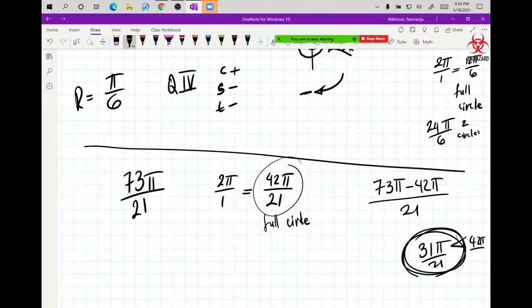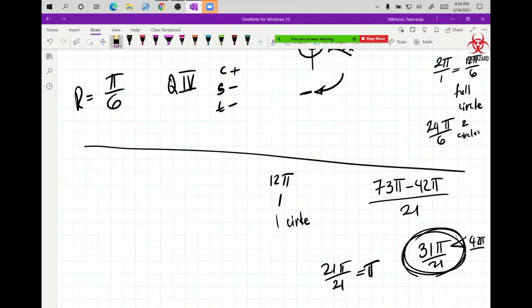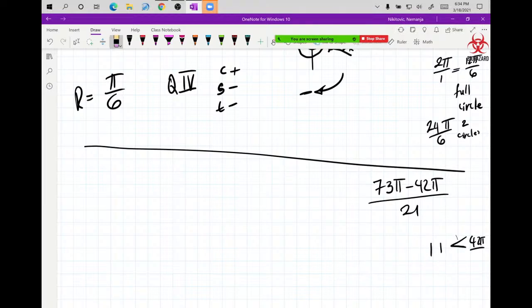It's in the third quadrant, because 21 pi over 21 is pi, and this is 31, so that's plus 10, which is smaller than 21. So there you go. You can do this for any denominator. The denominator doesn't matter. Your job is to figure out what the full circle is, and then use that value to subtract.